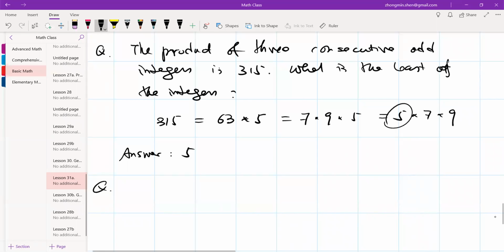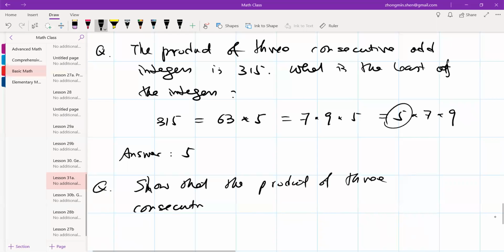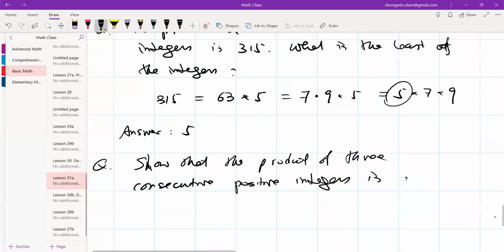Show that the product of three consecutive positive integers is always divisible by 6.